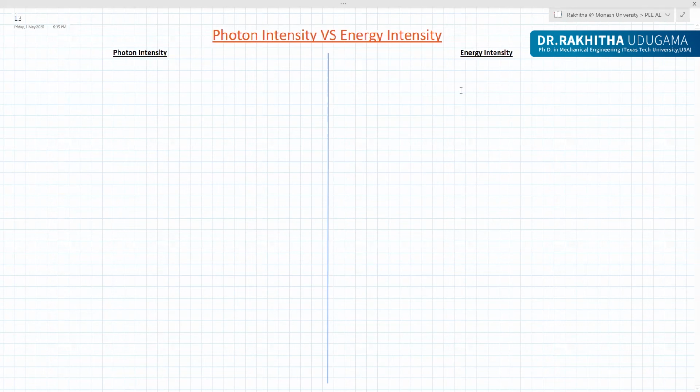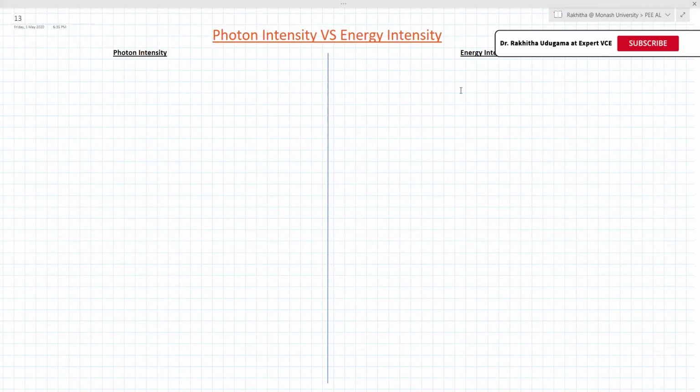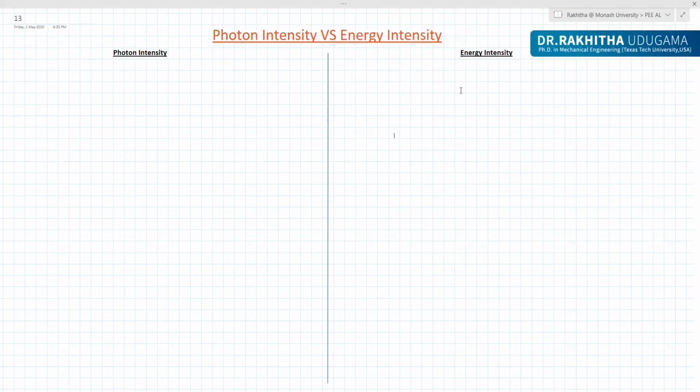So today I'm going to teach you one important thing, which is the discrepancy between photon intensity and energy intensity. When I was going through a few papers, I saw this concept tested in many ways.